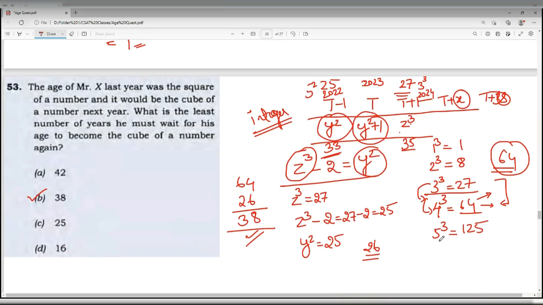You just check from which cube subtracting 2 gives a square. In this case, 27 minus 2 gives 25, so you know that this is 27. So his age is 26, and he has to wait another 38 years to become the next cube, that is 64. Next cube is 4 cube. I hope you have understood this. Okay, we'll move to the next question then.